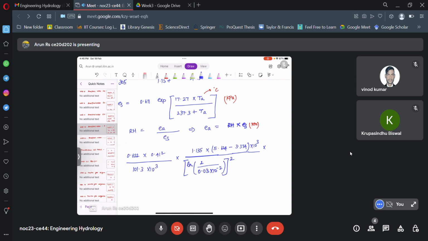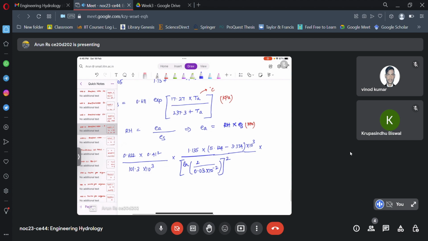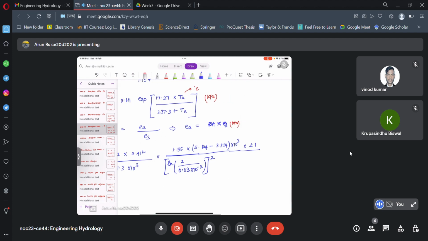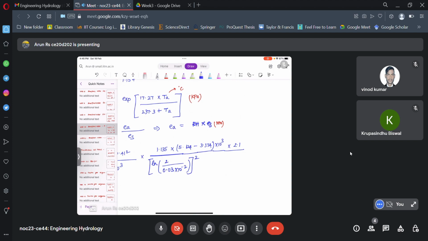Multiplied by your wind velocity, which is u2. u2 is 2.1 meter per second. So again this will give the result in terms of meter per second. We need to convert it into mm per day, into 1000 into 86400.